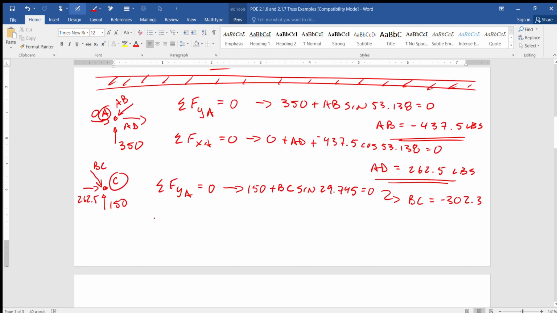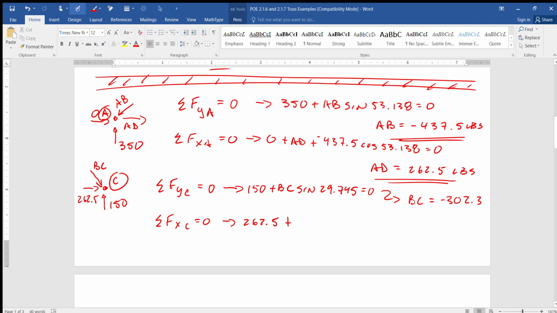If you want to do the x, you could say, well, f of x, oh, I can't believe I wrote a there, about point C has to equal 0, and we would have gotten 262.5, and now we know it's a minus because the arrow is the wrong way, plus, something wrong.